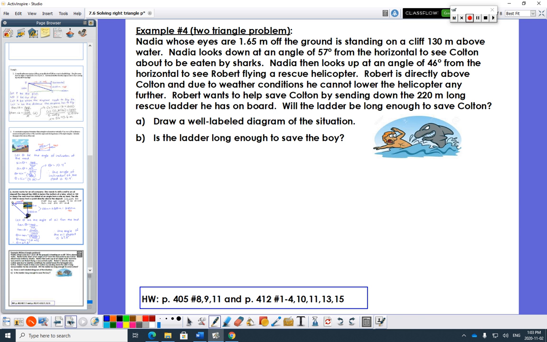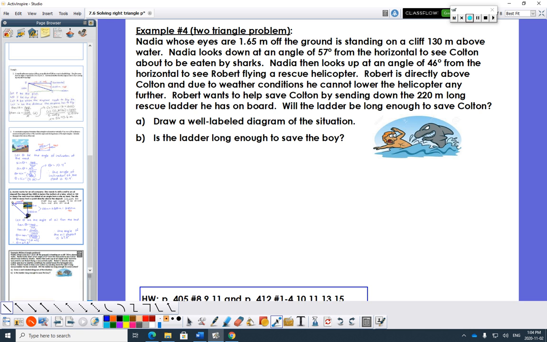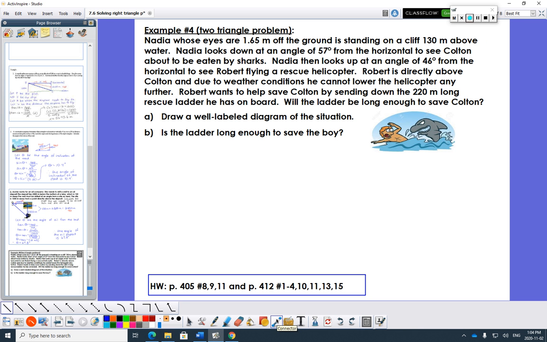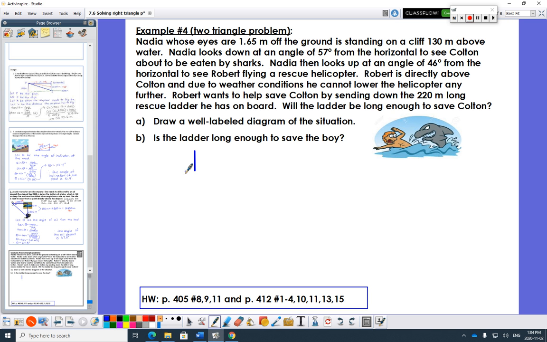So, but we're going to do one like this. So Nadia, whose eyes are 1.65 meters off the ground, is standing on a cliff 130 meters above the water. So it's up to you how fancy you get, because really what you can do in a really simple way, if you have Nadia, you don't need to draw a stick figure or anything like that.